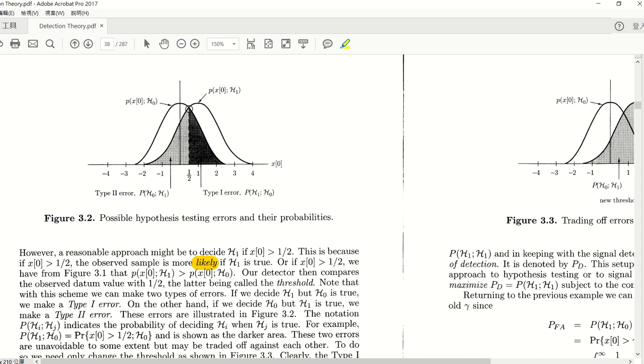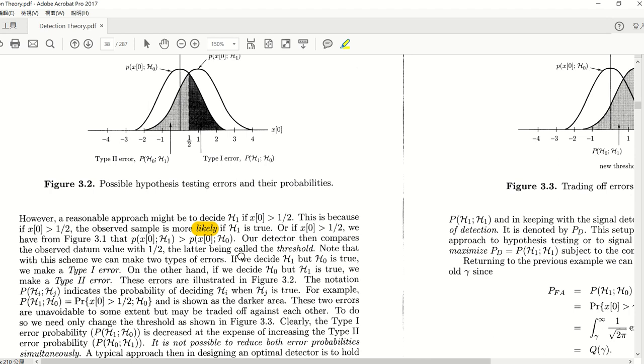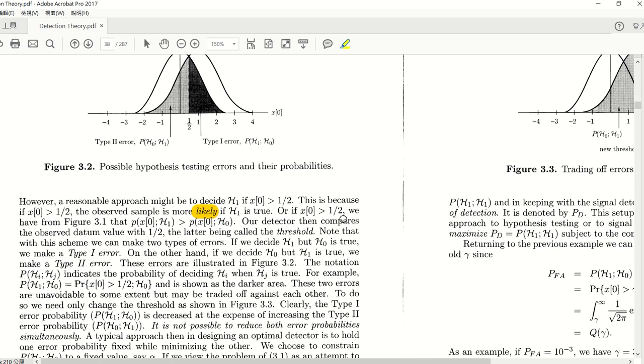So if it's larger, then we'll see this larger than that. It's more likely, or mathematically, the probability is higher. Okay, so our detector then will compare the observed datum value with 1/2. So this is called a threshold. I mentioned it multiple times, but here we have a formal definition for the terminology threshold.